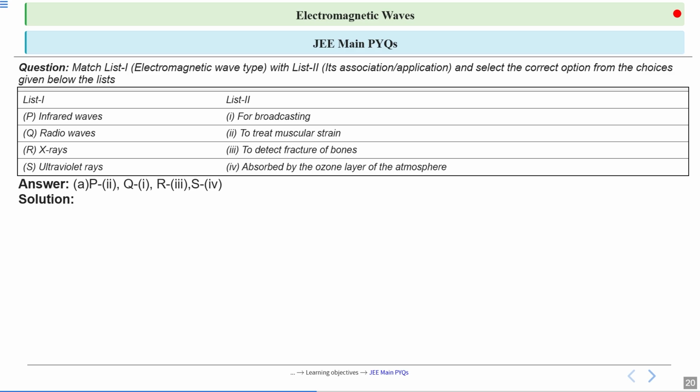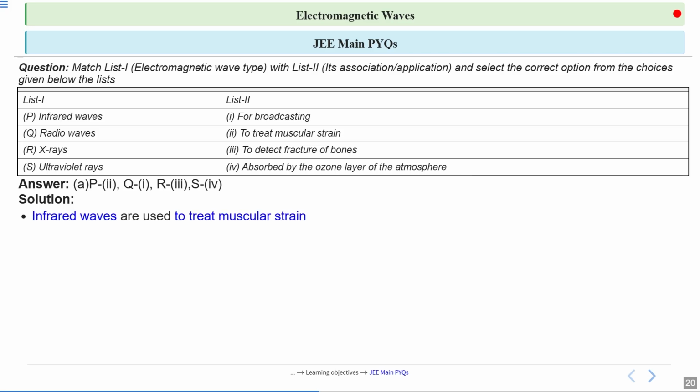So it is used for telecommunication and broadcasting. X-rays is associated with third, to detect fracture of bones. X-rays can penetrate through the tissues, but they cannot penetrate through the bones, so X-rays are used to detect fracture of bones. Ultraviolet rays are absorbed by the ozone layer of the atmosphere because they are harmful for the skin.